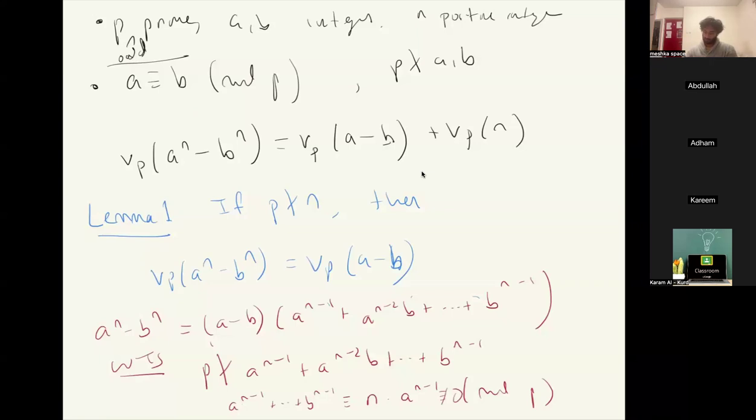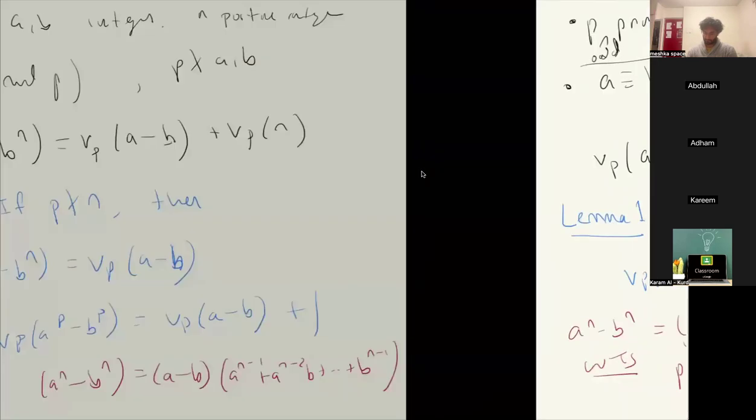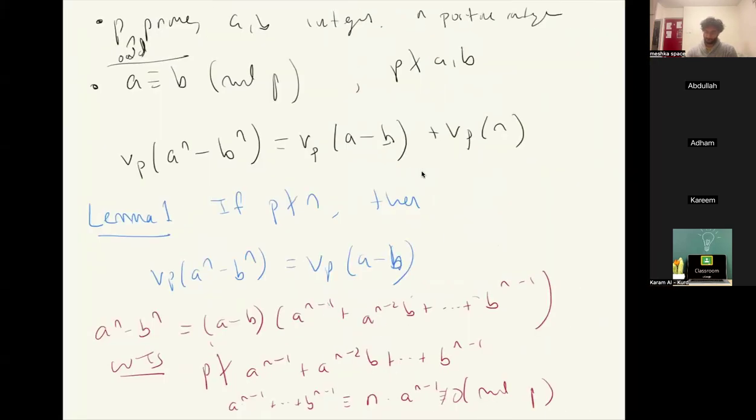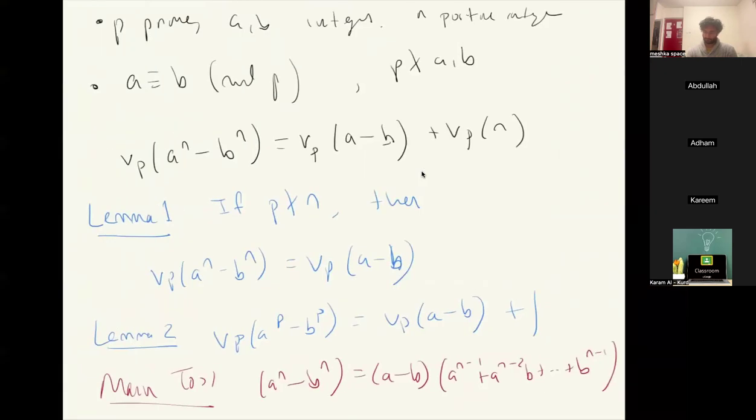So now let's do the inductive step. Okay, so what is the inductive step? That was the base case. Let's do the inductive step now. So now we want to prove this.